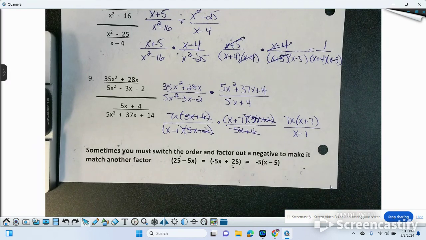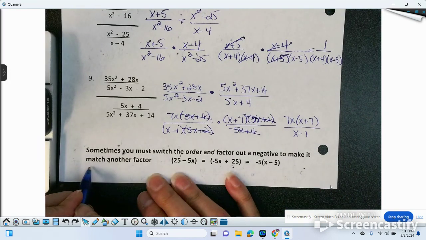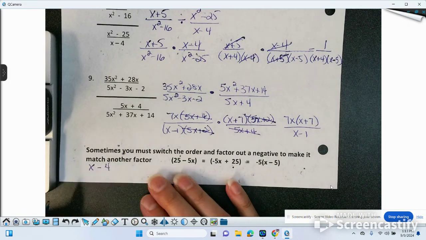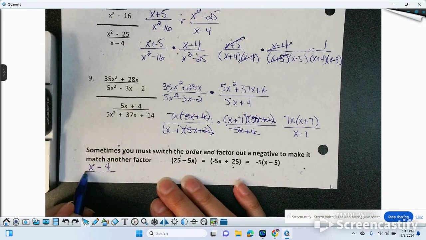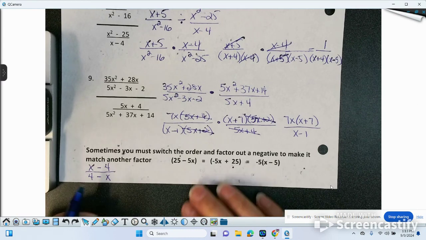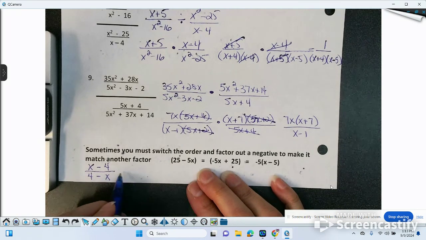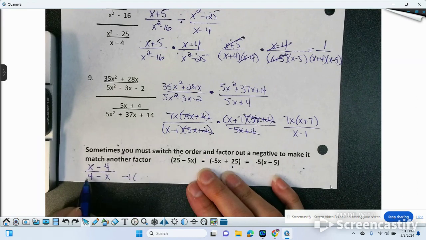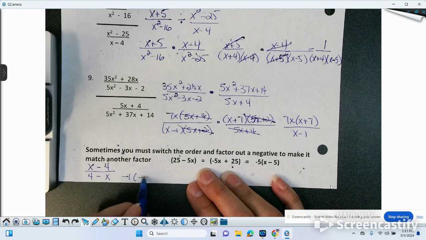If you see something that has an x minus 4, and then you have 4 minus x, that is not the same thing. But what you could do is factor out a negative 1, which would give you a negative 4 here and a positive x here, negative 4 plus x.